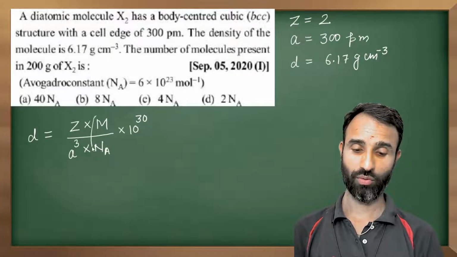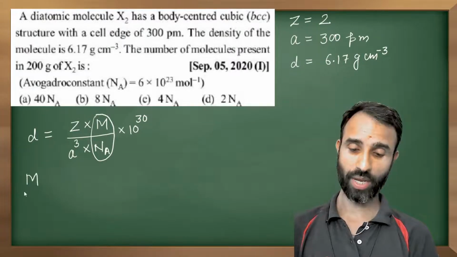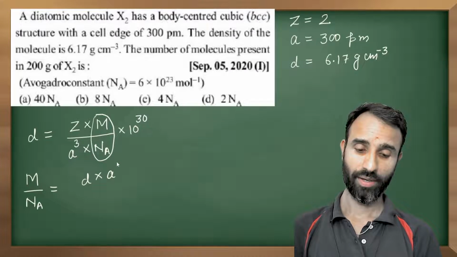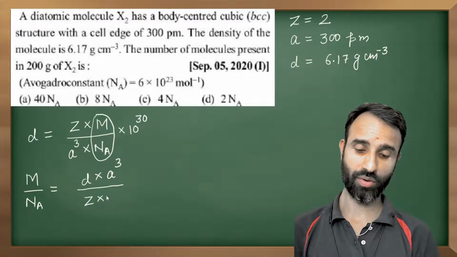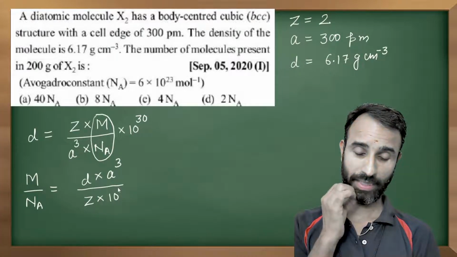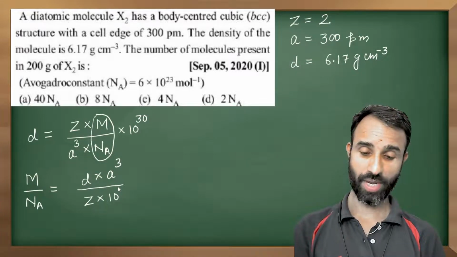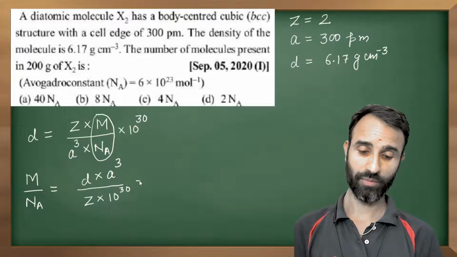Better to take these as such. So M upon Na is equal to D into A cube divided by Z into 10 raised to power 30.